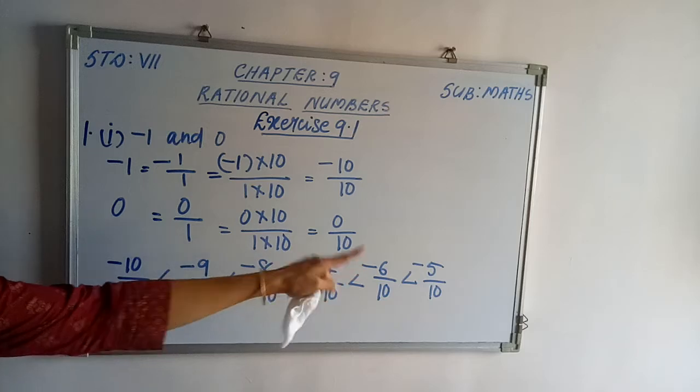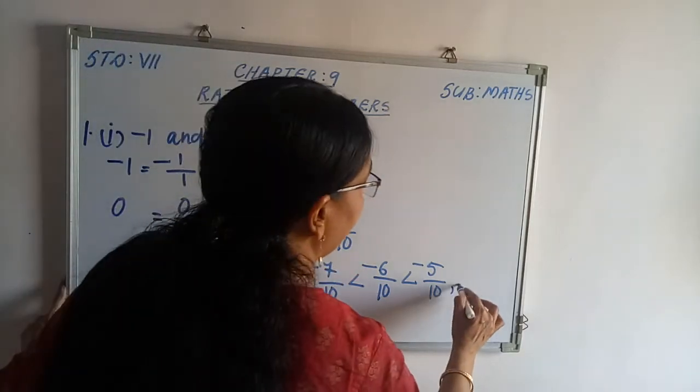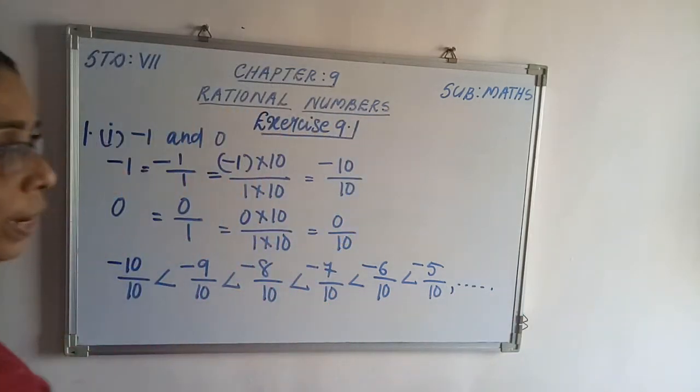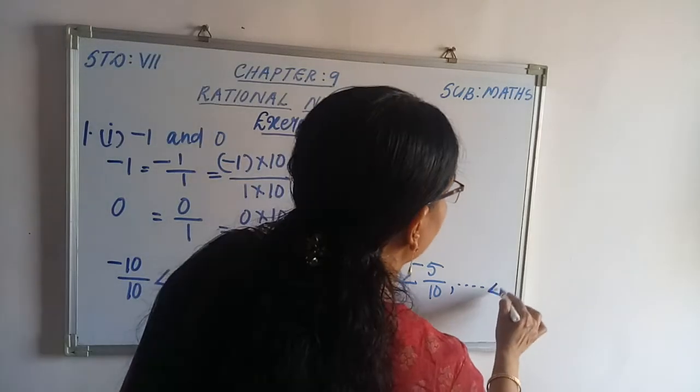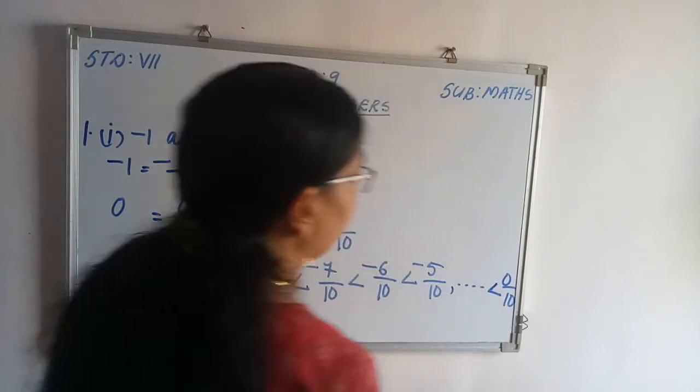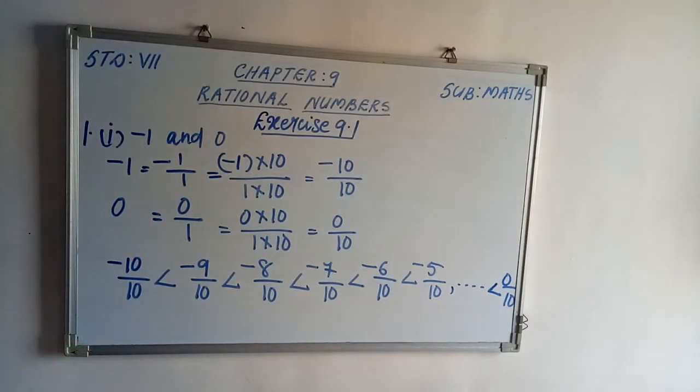Like that it will go, minus 4 upon 10, minus 3 upon 10, minus 2 upon 10, minus 1 upon 10. Then it will be 0 upon 10. So any 5 we can write in between.